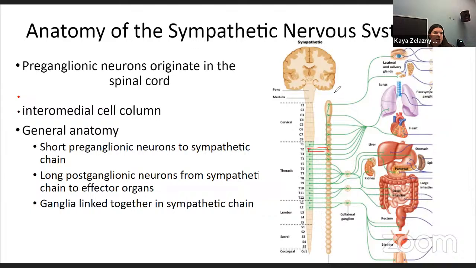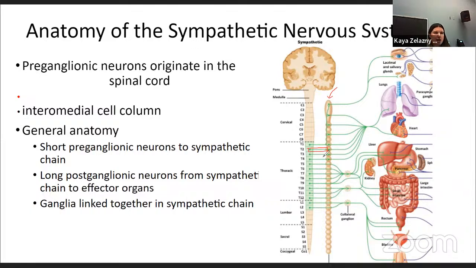It's literally a chain of ganglia that lies parallel to your spine, so you would actually physically be able to see this. It has these swellings along it, kind of white in color. So it's where we locate a lot of cell bodies.